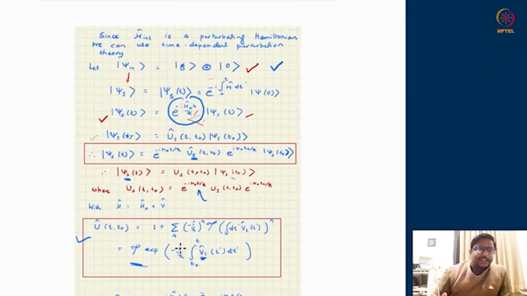Any interaction picture wave function is related to the Schrodinger picture wave function, so this e to the power minus i H0 t upon h bar can be brought onto the left hand side. So e to the power plus i H0 t upon h bar, where H0 is the free Hamiltonian, acting on the Schrodinger state gives me the interaction wave function.